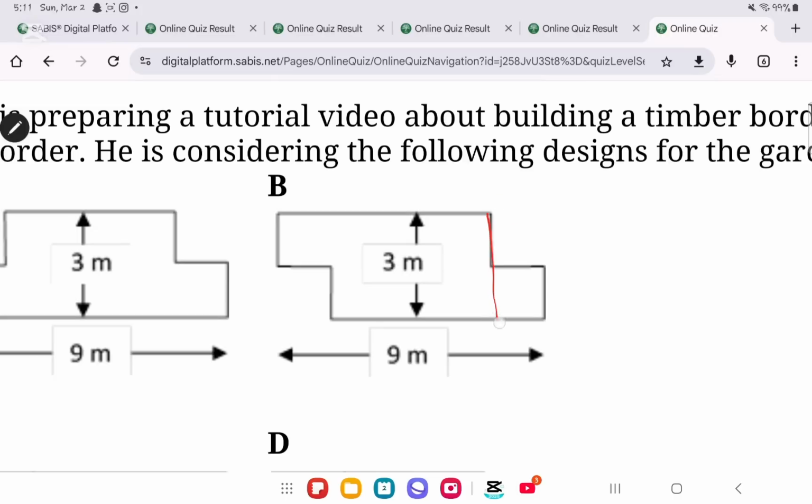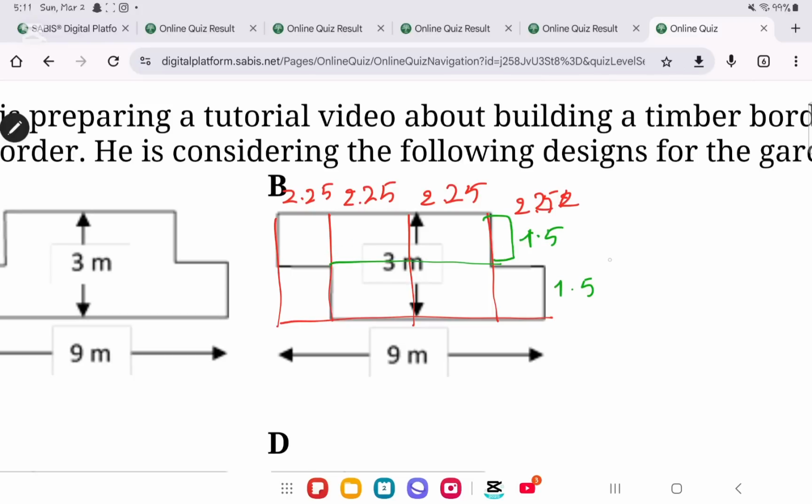As you can see, this is divided into 4 equal parts. So if all of it is 9, then this is 2.25, 2.25, 2.25, and 2.25. And the height is divided into 1.5 and 1.5. So you're going to take all of this, which is 2.25 times 3, which is 6.75.